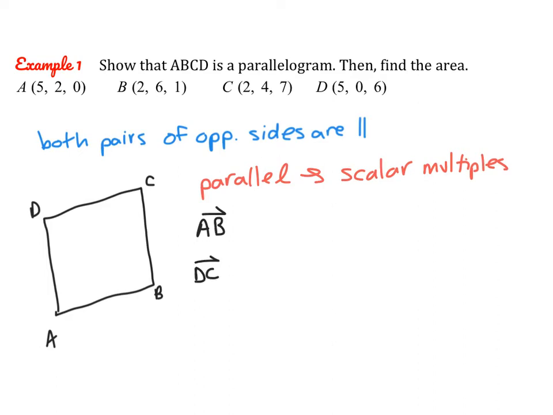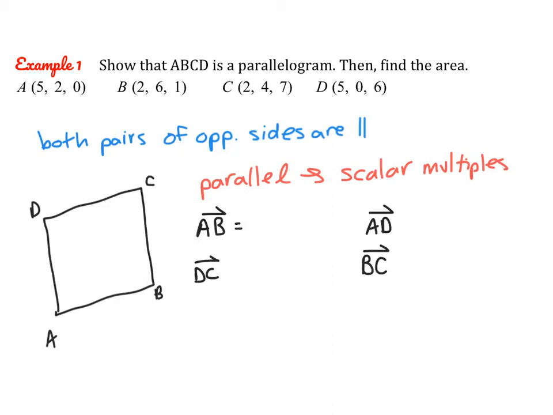It doesn't matter if you use AB or BA, and in the same way, it doesn't matter if you use DC or CD. Your component vectors might look a little different than mine. They would be opposites, but you should still be able to reach the same conclusion. Then after that, we are going to compare the other 2 opposite sides, vector AD and vector BC or CB.